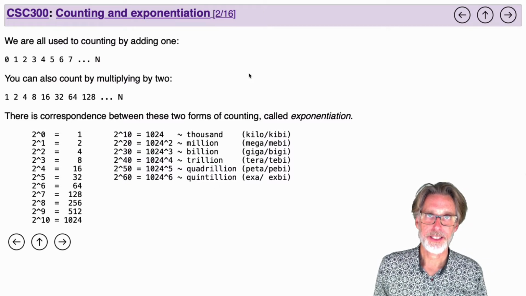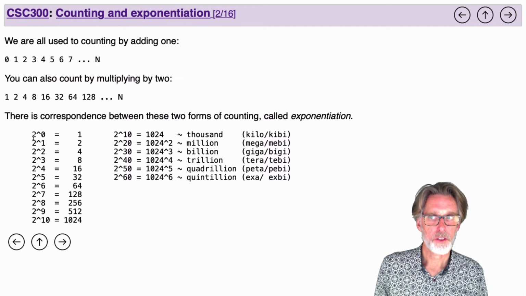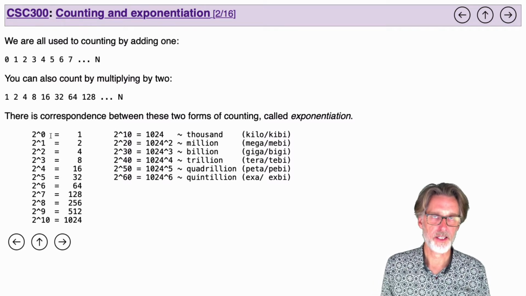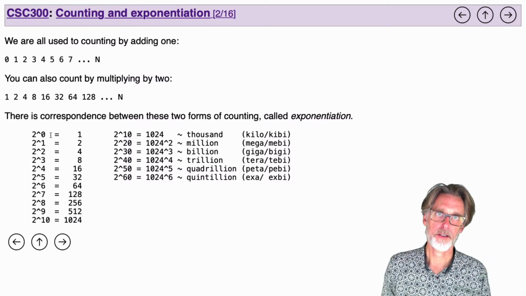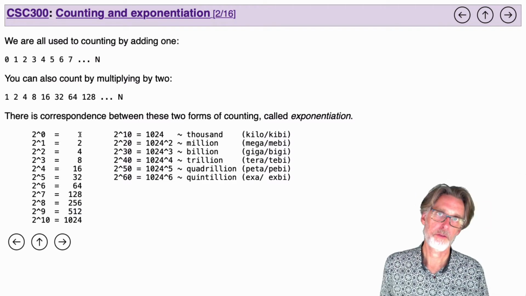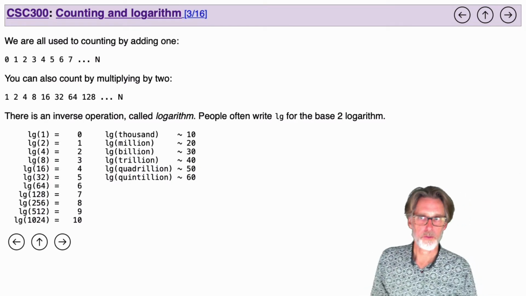Exponentiation is really easy to understand. In order to take a number to its exponent, you simply duplicate the number that many times and then multiply them all together. The reverse operation is also really simple, but it sometimes is more problematic for beginners. It's the logarithm.